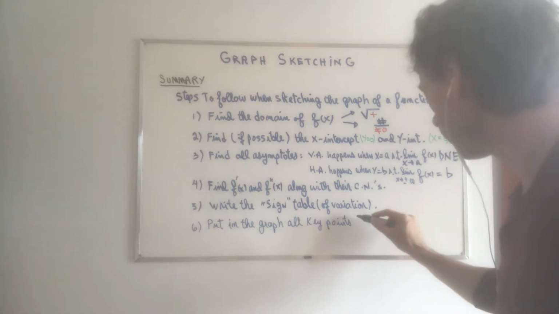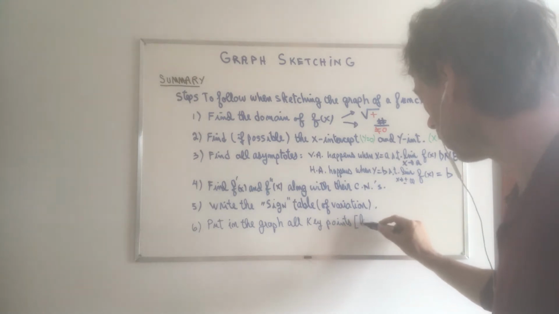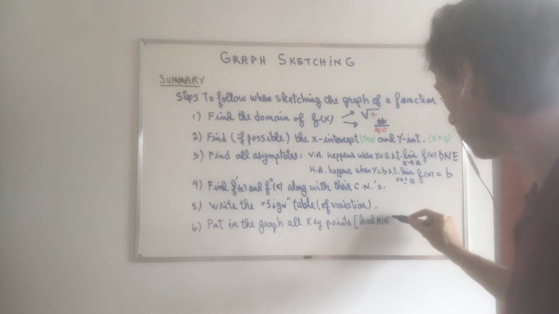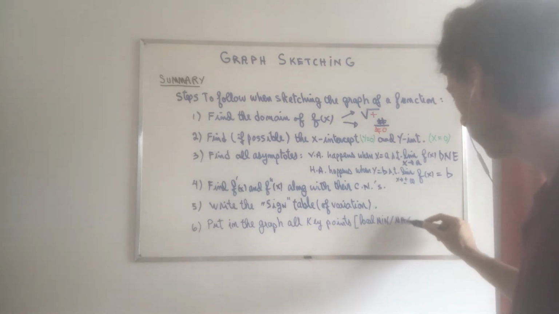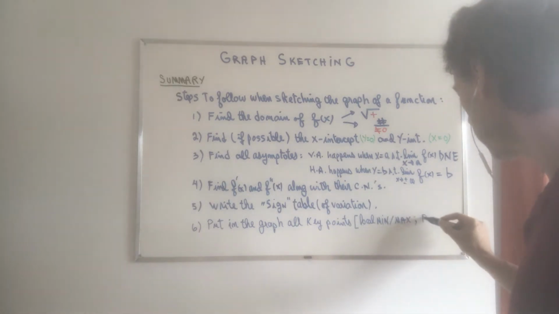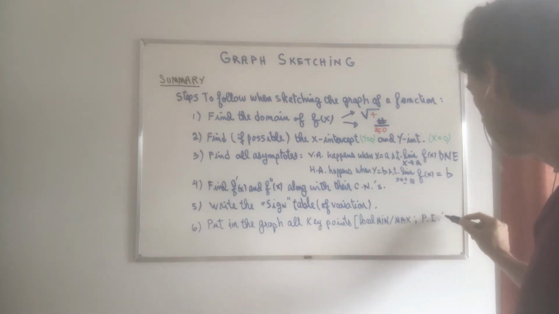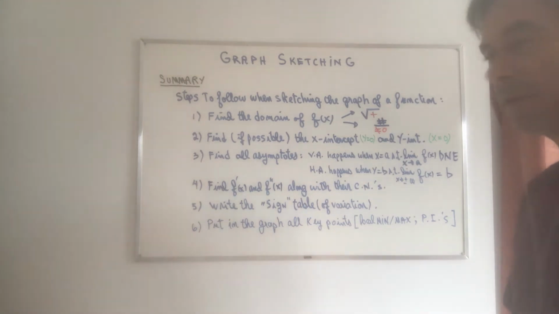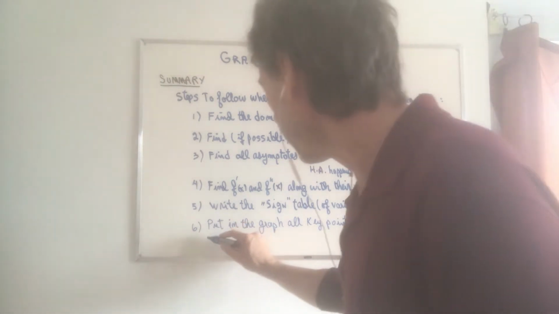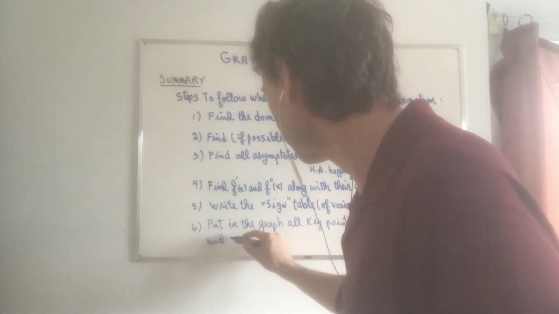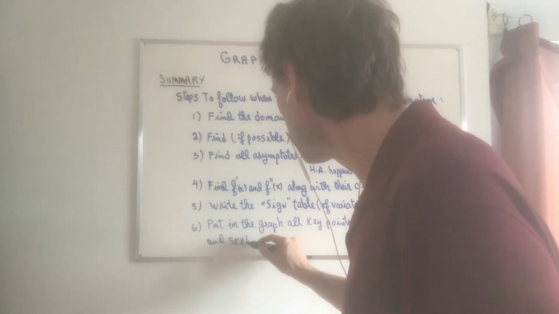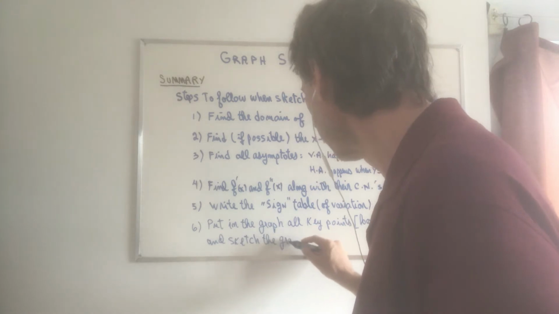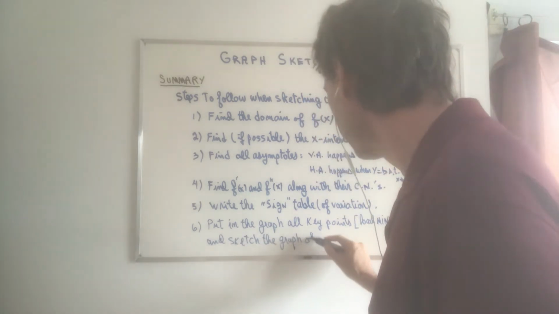Well, all key points are local minima that you have found in the table, local maxima, and points of inflection that you also have identified from the table of variation. And sketch the graph of f of x. Et voila.